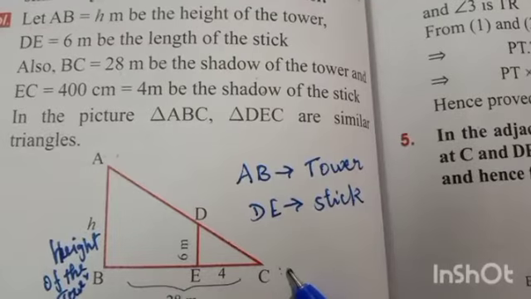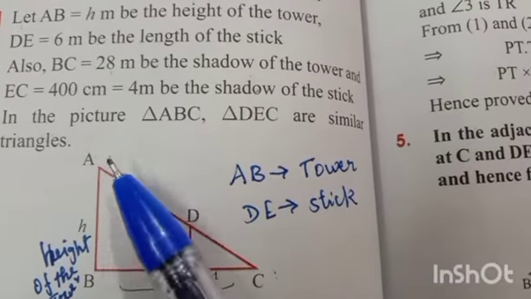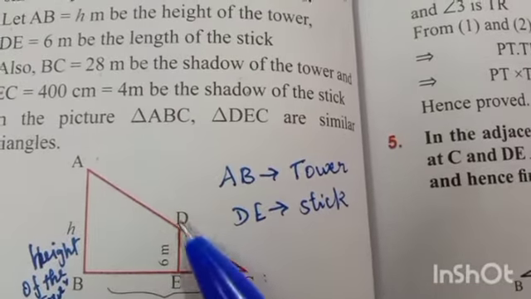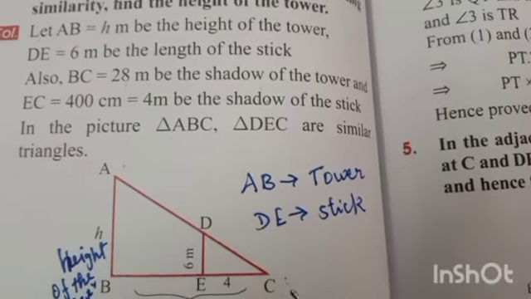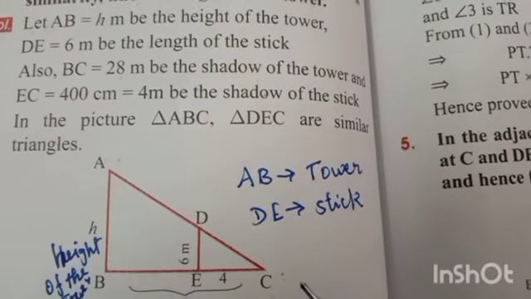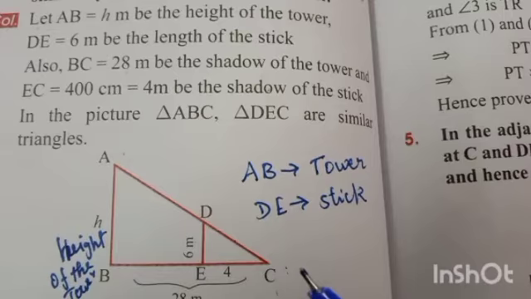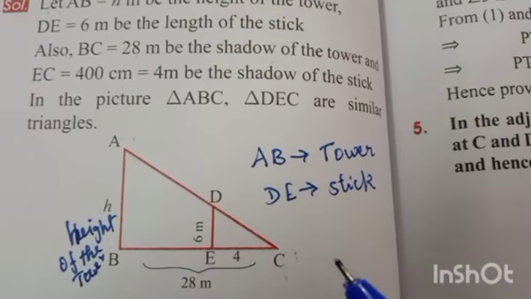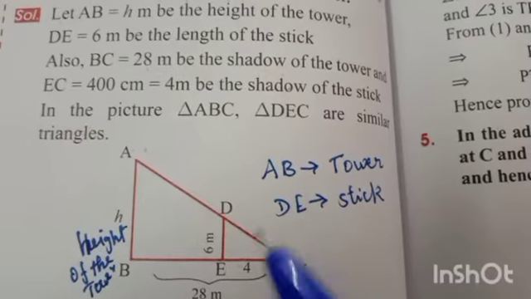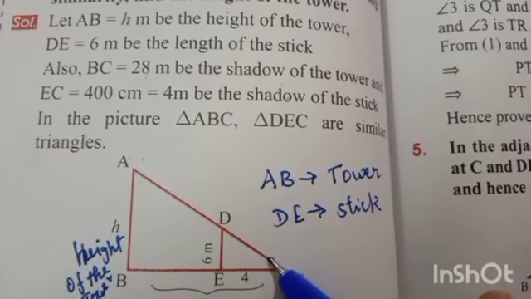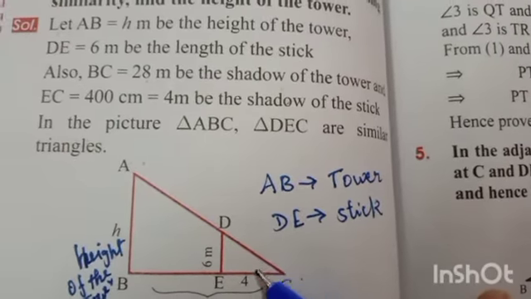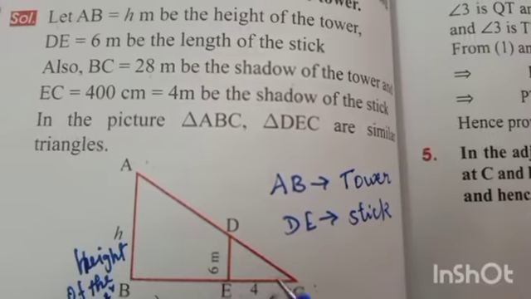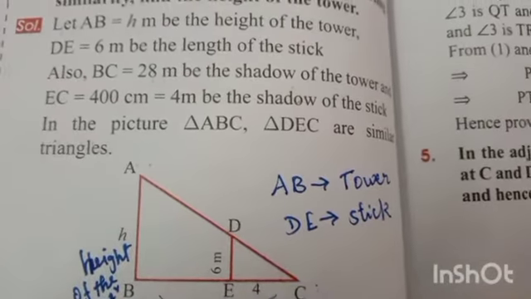We have two triangles, triangle ABC and triangle DEC. We have to apply the similarity rules. For similarity, we have to check whether the AA criterion is satisfied. Angle C is common to both triangle ABC and triangle DEC.